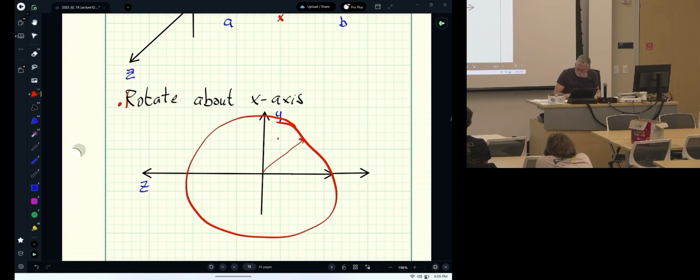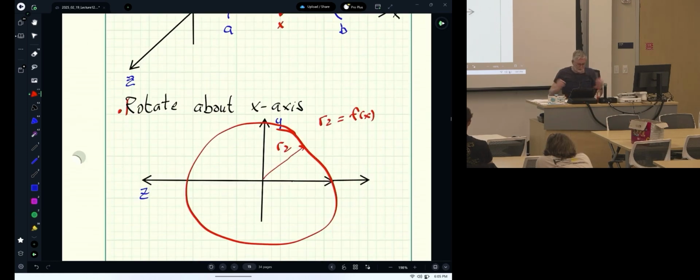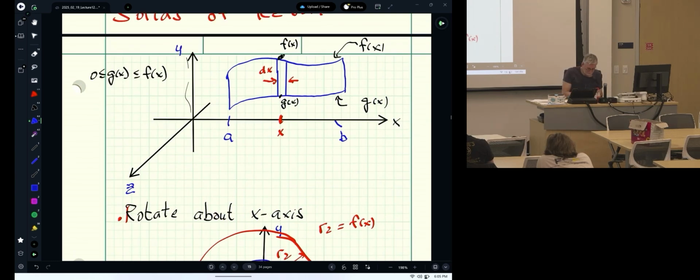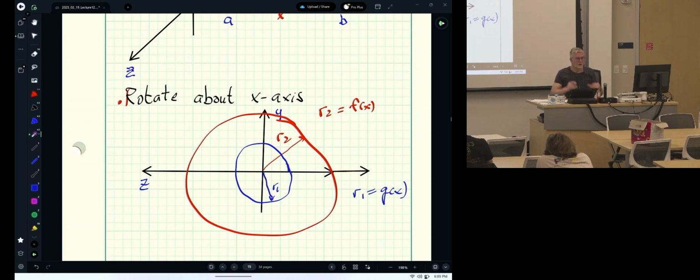The radius of that circle, R2, is f of x. That's the top point here. Now, I rotate the bottom point and I get another circle. If g of x is 0, then this radius is 0, and I've got a circle. What is the area of the circle? Pi r squared, and r is f of x here, so it's pi f squared.